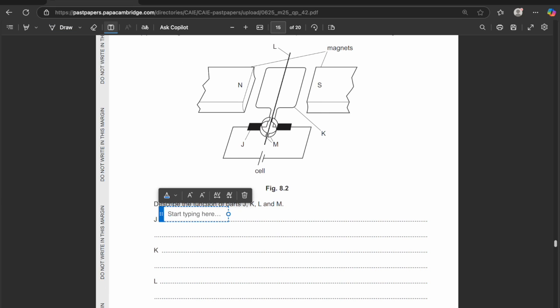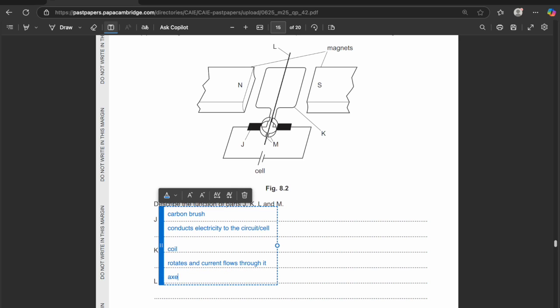So J is carbon brush, and it conducts electricity to the circuit, the cell. And K is coil, which rotates, and current flows through it.